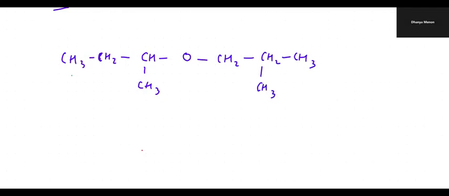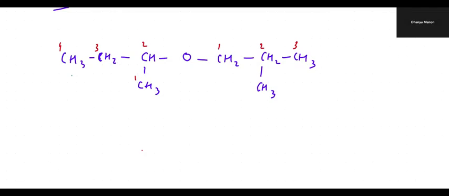Now you can see that here on either side you have a long chain, 1, 2, 3. Here also 1, 2, 3, 4. So on one side you have a carbon chain with 3 carbon atoms. On the other you have a carbon chain with 4 carbon atoms.